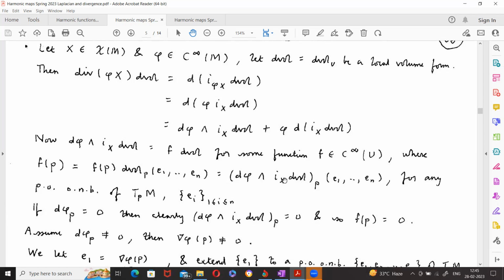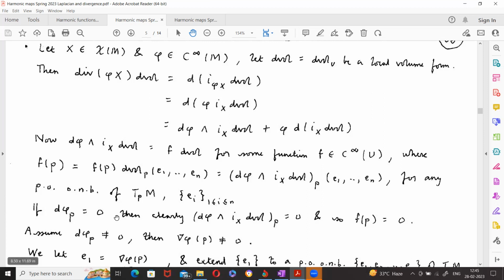Now I have to calculate this wedge product applied to an orthonormal basis, so I will choose my orthonormal basis carefully.